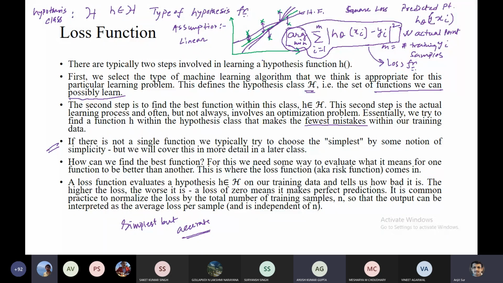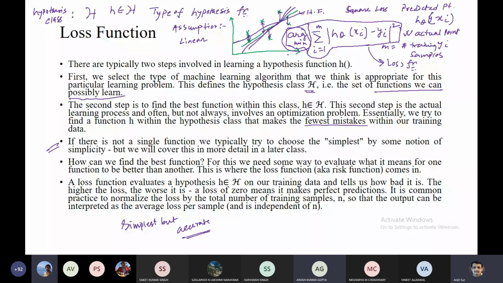Minimum bad is good; the smallest bad is the highest good, in that way. So this function is the measurement of badness of the hypothesis function. If you have any doubt, you can ask.